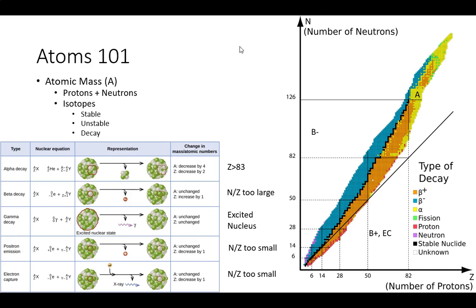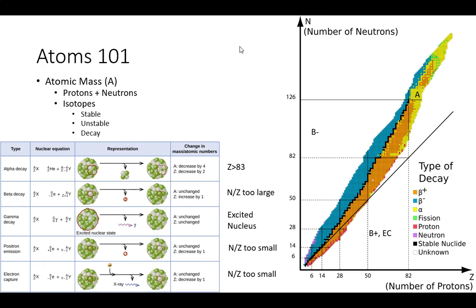So beta or beta minus, you can see this whole region up here, the upper part here, that's all the beta minus. They have too many neutrons, so they're trying to walk down this way. You are converting a neutron into a proton, so Z went up by 1. So beta minus will take me across here, trying to get me to something stable.